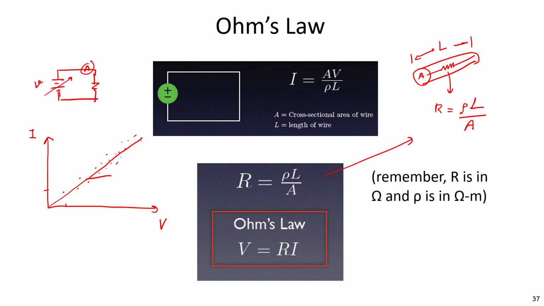And the slope will be the relation between them. V equals R times I, right? This is 1 by R.